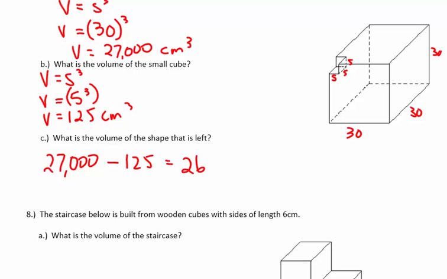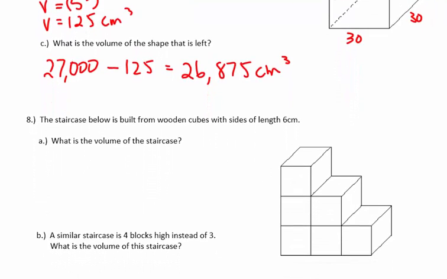I get 26,875 centimeters cubed. So in surface area, we talk about cutting the shape into pieces and finding the area of each piece, or finding the area of the whole thing and subtracting what's missing. This is kind of the same idea. We found the volume of the whole thing and subtracted what part was missing.